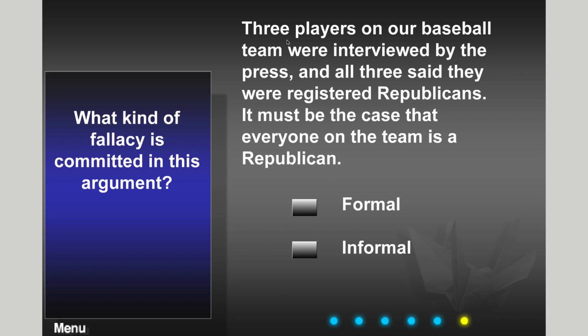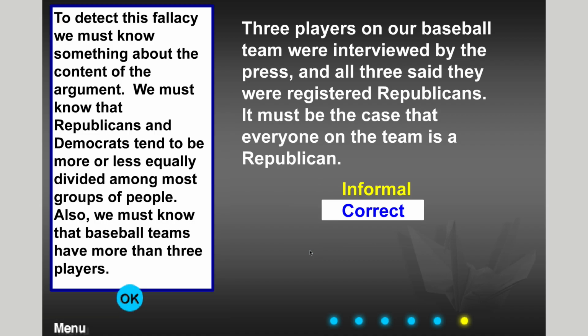Just because three players on a team that got interviewed by the press said they were Republicans, we know that a baseball team, a Major League Baseball team, for example, has 24 players on a 24-person roster. High school teams have between 12 and 15 people on the roster. But that's quite a jump from three players to the entire team, right? So it is an informal fallacy, which is hasty generalization.